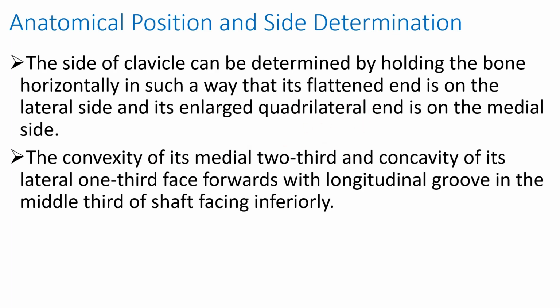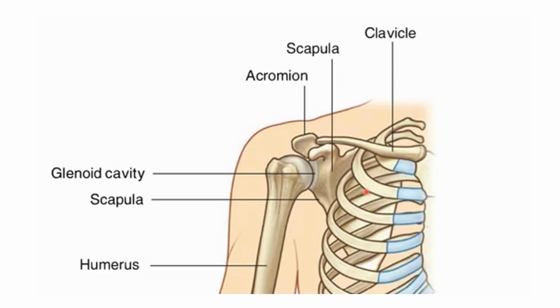Then this will tell you whether you have sighted the bone the right way, whether you have correctly positioned it in a manner such that you can know whether it is the right clavicle or the left clavicle. So here is a diagrammatic representation showing the anatomical position of the clavicle. So here is the clavicle.